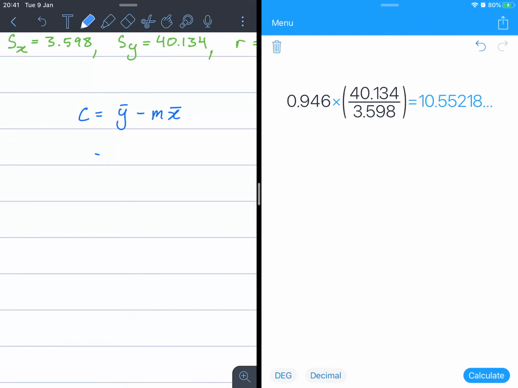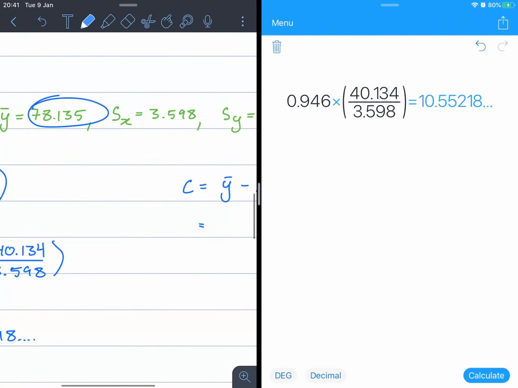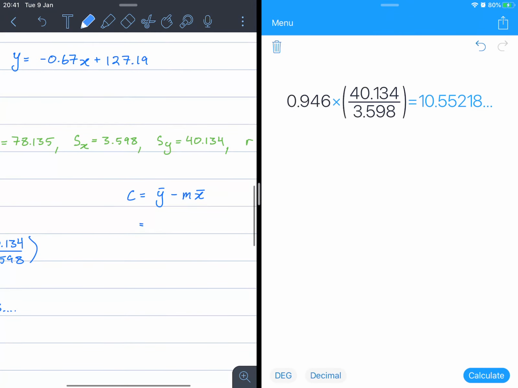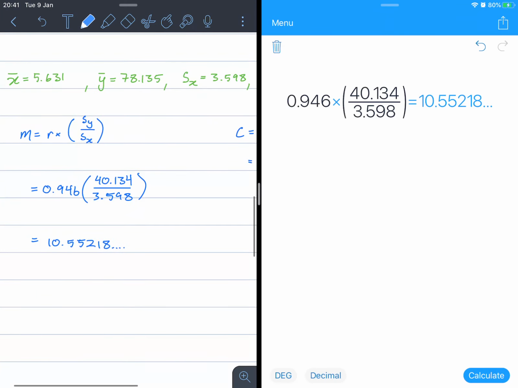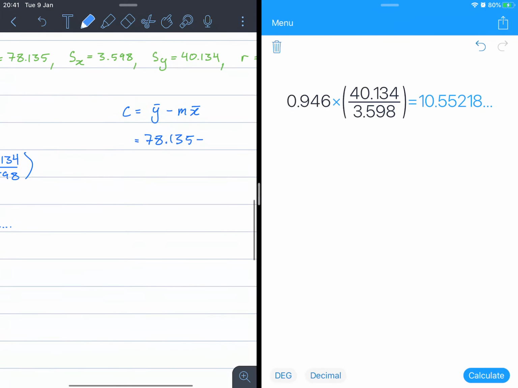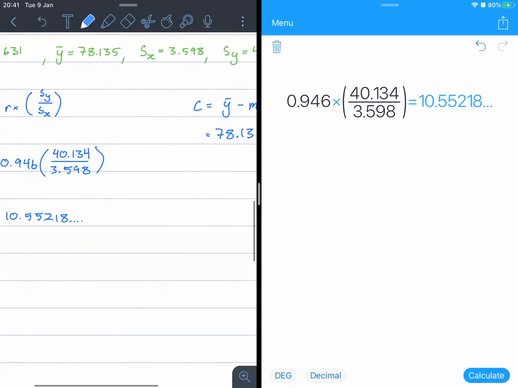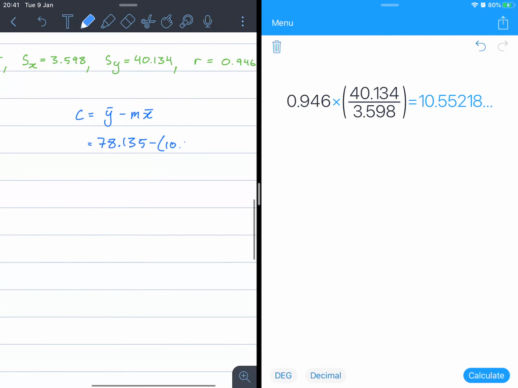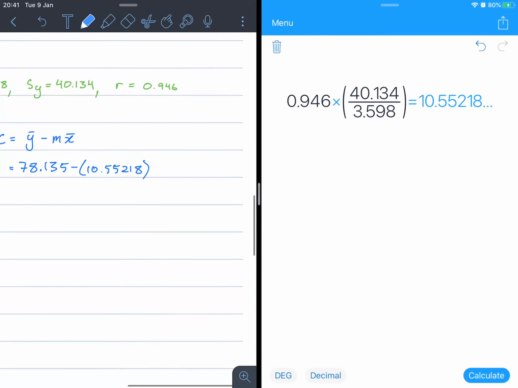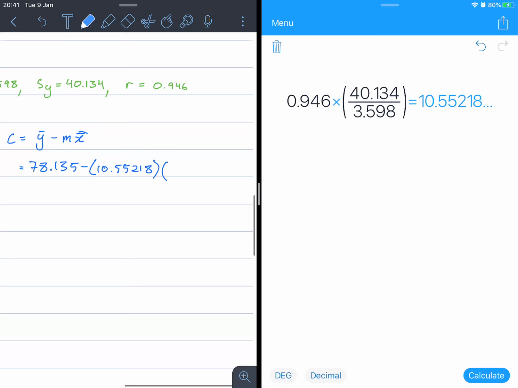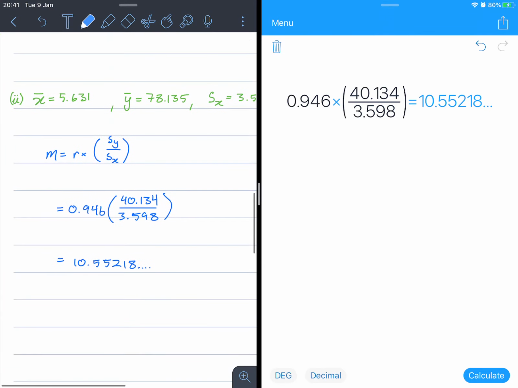Now let's use that value to calculate the value of c. We need the mean of y, which is given here, 78.135, minus the m value, let's put that in brackets, 10.55218, times the mean of x, which is given here, 5.631.